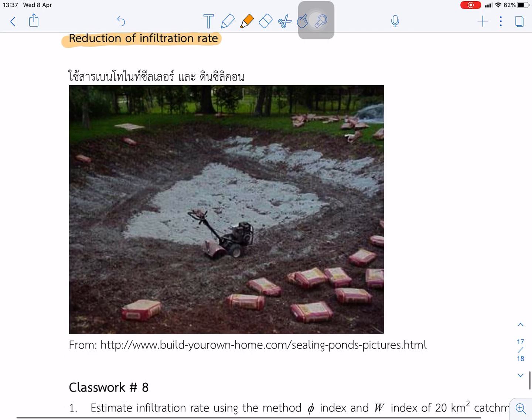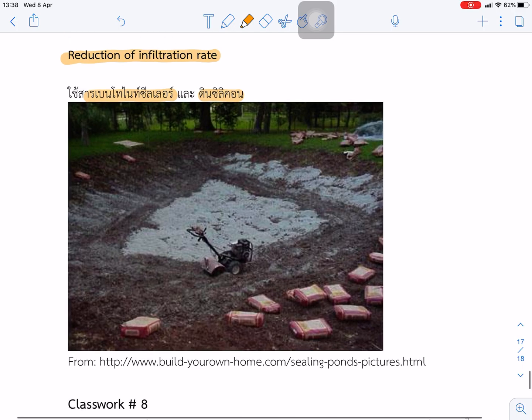So we can use the choice of bentonite sealer or silicone soil to seal the bottom of the pond. Or another way, we can use sheets, like rubber sheets or plastic sheets, to cover the bottom of the pond to keep infiltration less. Okay.